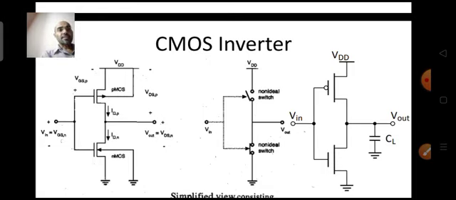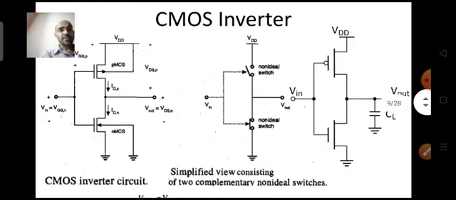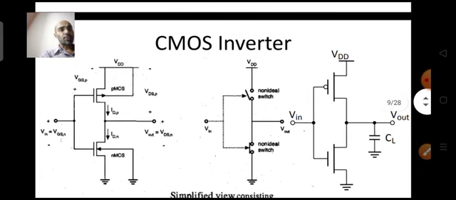Okay, and the rightmost circuit is the circuit which you will usually see in your books. There are two symbols for NMOS and PMOS. If you use a body terminal, then you have to show an arrow on the body terminal. If the arrow points inside, then it is an NMOS.